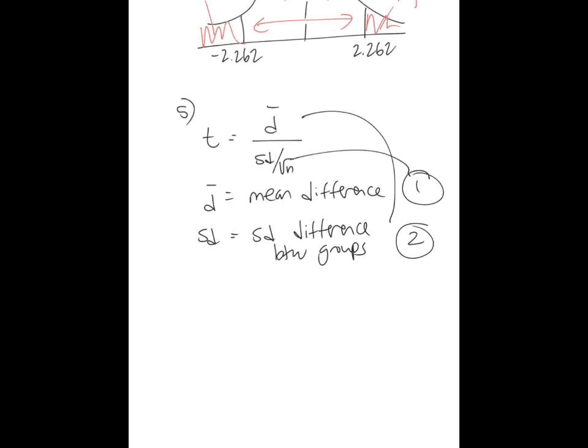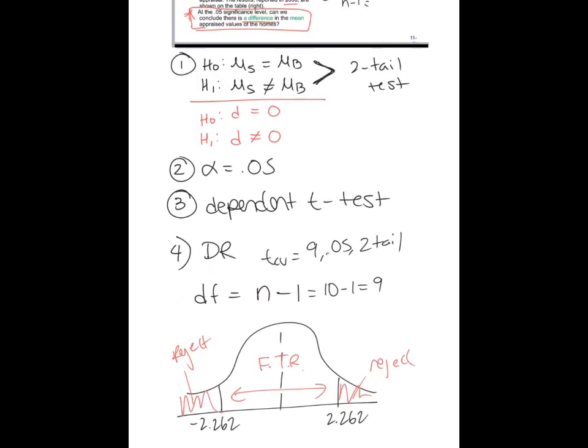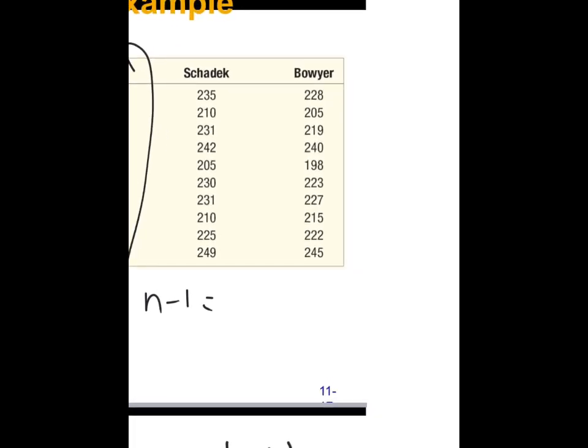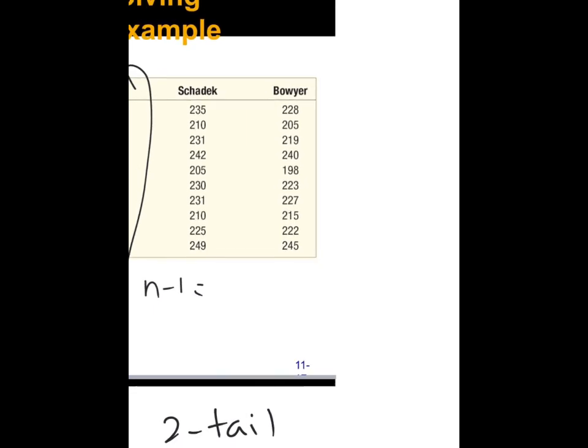Okay, so let's have a look at our information here. All right, so here we have our data. For example, we have Shadix and Boyer. In order to calculate our difference, we're going to calculate a difference between the two. So the difference is S minus B, we'll call it.